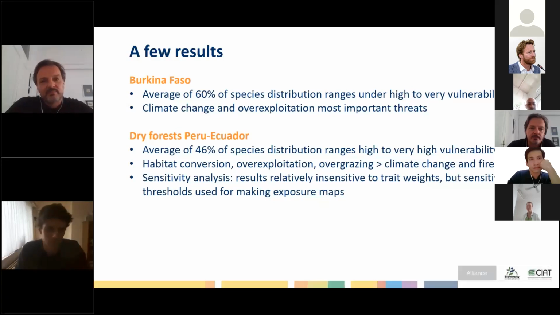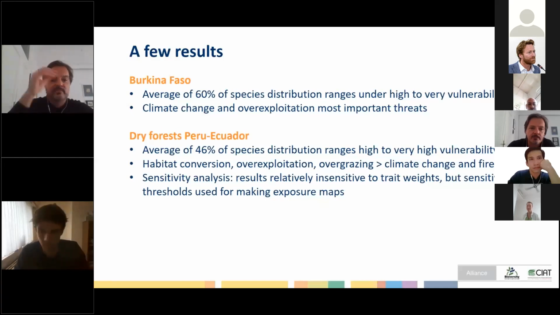In Peru and Ecuador, we also did a sensitivity analysis, and this analysis pointed out that our results were relatively insensitive to the trait weights we used to estimate species sensitivity, but that they were quite sensitive to the thresholds that we used to make these exposure maps.